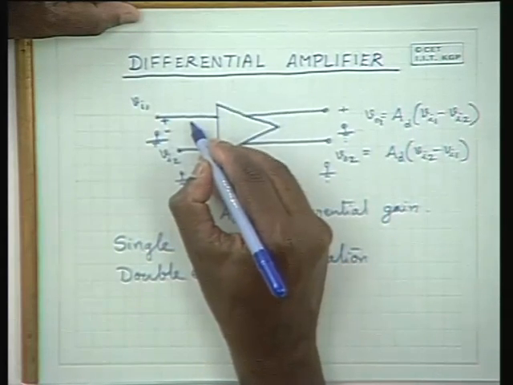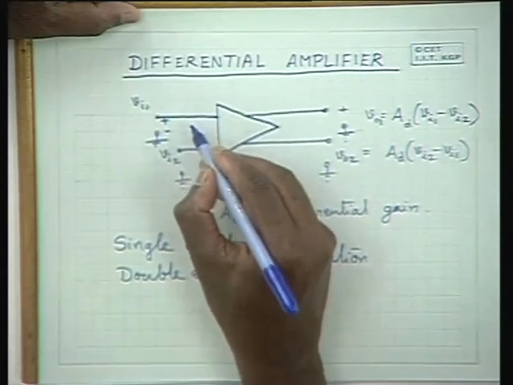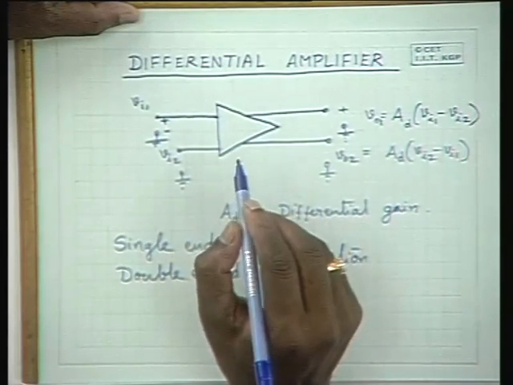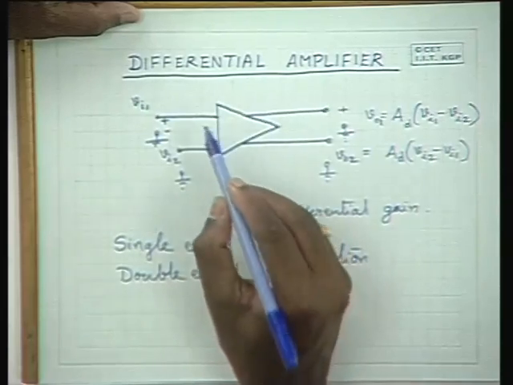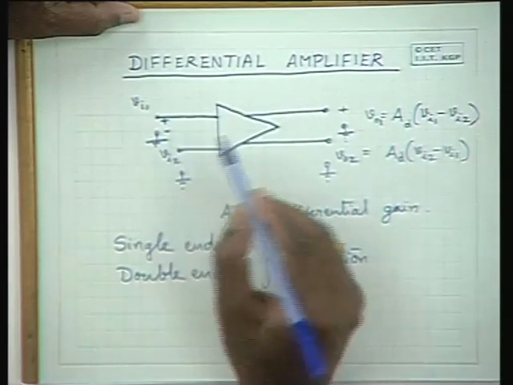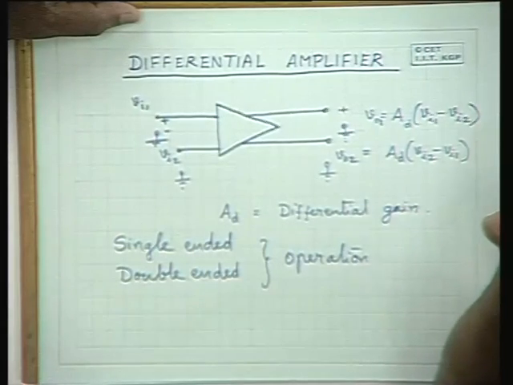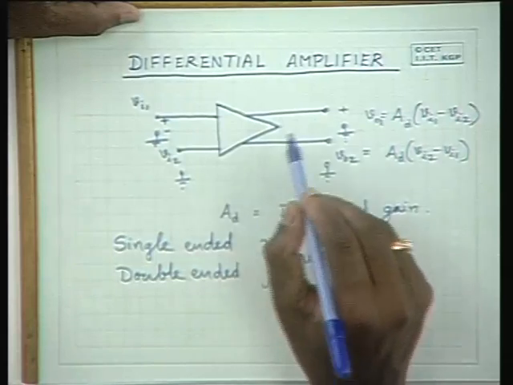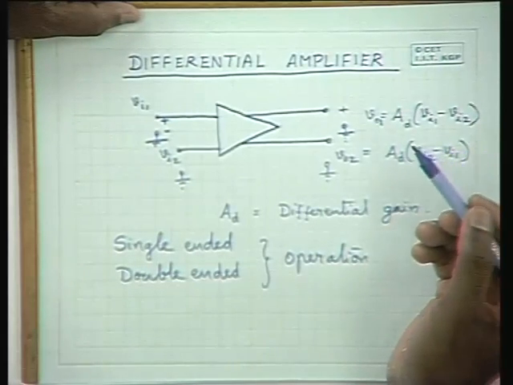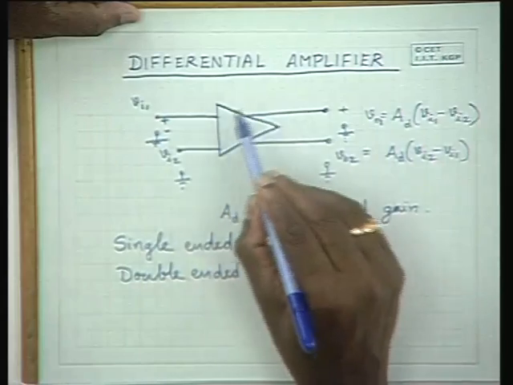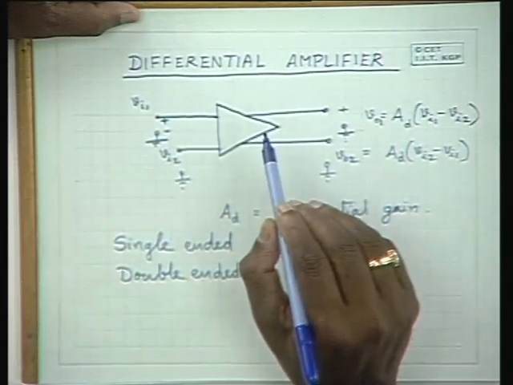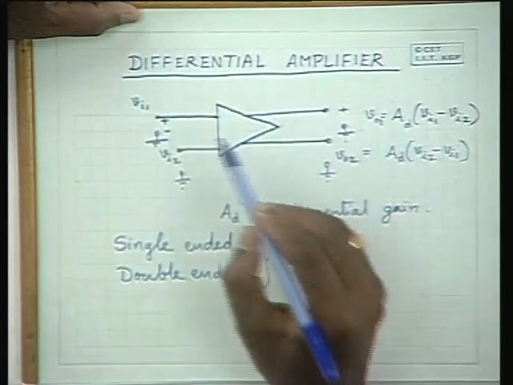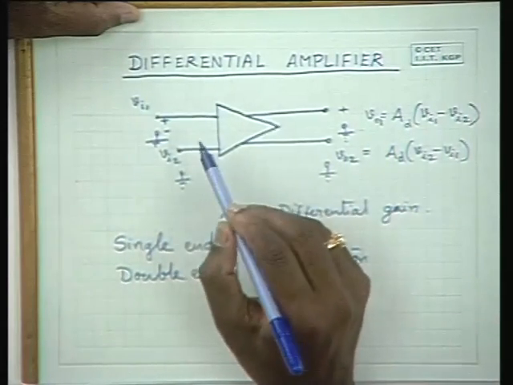Suppose you give a 1 volt signal here and you also give a 1 volt signal here in the same phase, then the difference signal is 0 and the output should be 0. You apply 10 volts here and 10 volts here, still the difference signal is 0, output should be 0. But in practice, differential amplifier circuits exhibit some amount of amplification for the common mode signal also.